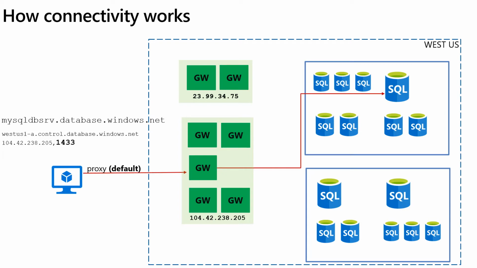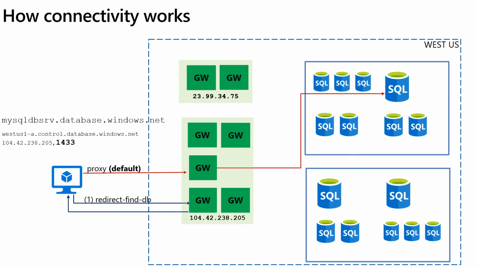Now, the mode of connecting where you communicate to the gateway and then the gateway proxies your connection to the backend, that's the default mode. So this is what will happen if you connect to your SQL database from your laptop today. There's, however, another way in which you can connect, which is called the redirect mode.